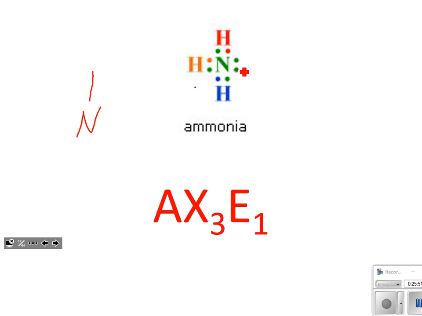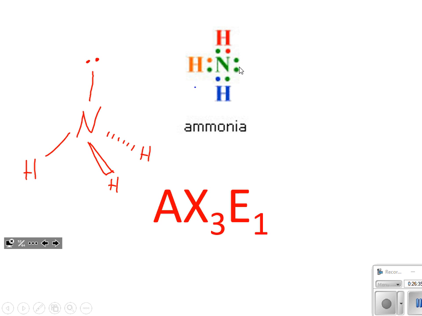There is my E, which is an unshared pair, right? My X's are here. I have a wedge here, and I have dashes here. So I have now represented my perspective drawing for ammonia.